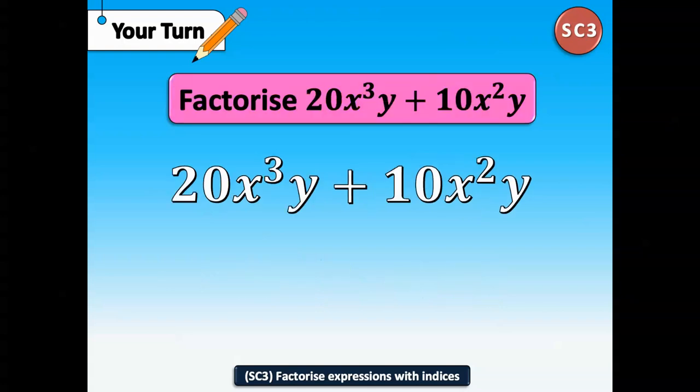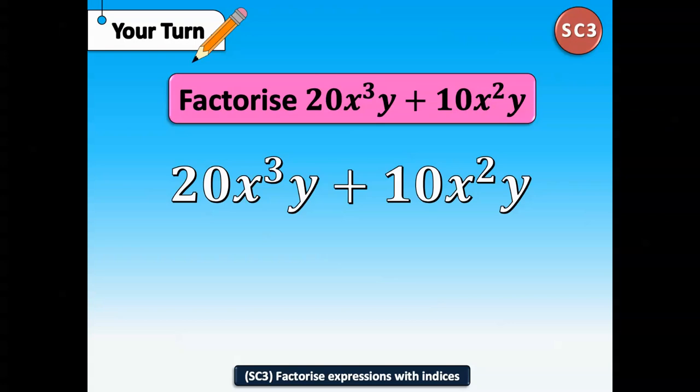Here's another question for you to have a go at. Pause the video, and when you're ready to see what you should have done, press play. So for a question like this, start with the numbers and think what goes into 20 and 10.